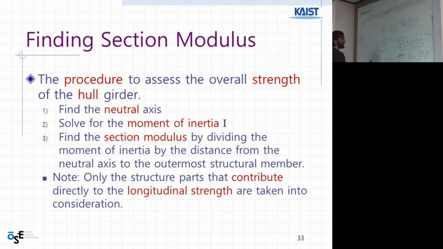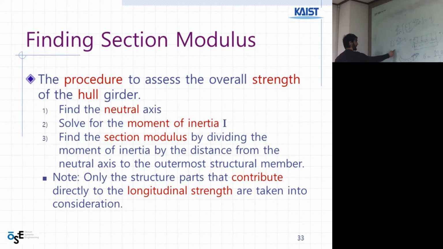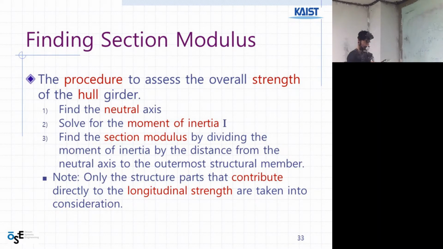So this is the cross section in that direction, and this is the area of the same cross section, and this is the vertical distance from the neutral axis.